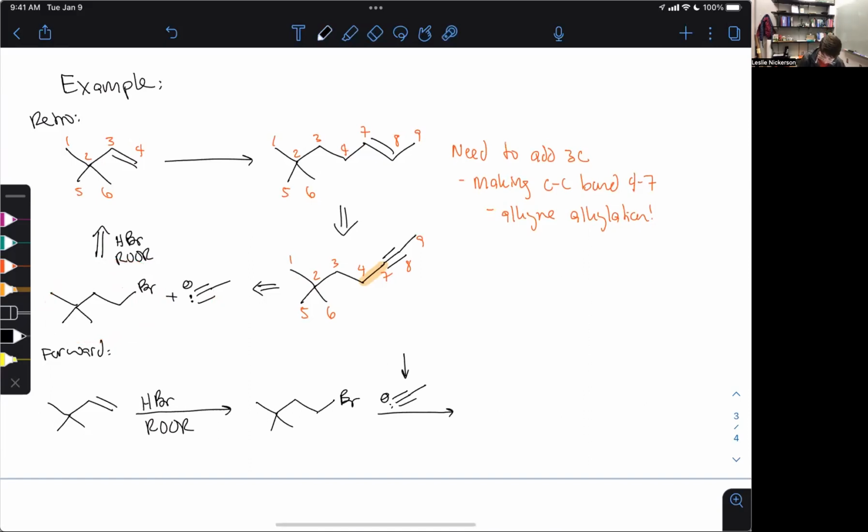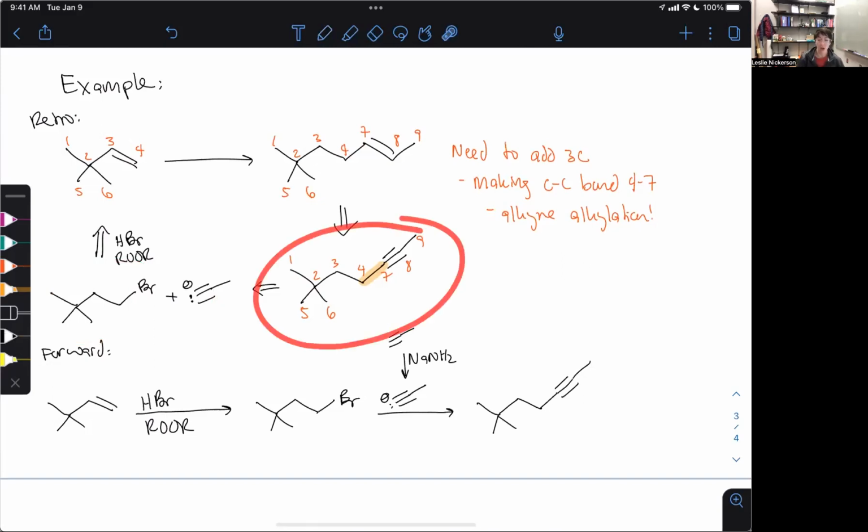And if we need to make that, we definitely know how, right? We can just do some sort of acid-base reaction with sodium amide or sodium hydride. And that's going to get us to this intermediate that we identified in our retrosynthesis.